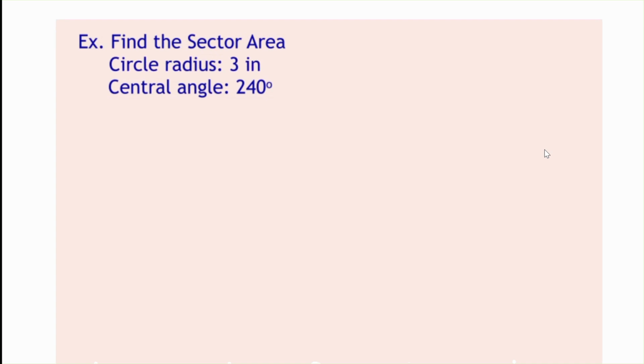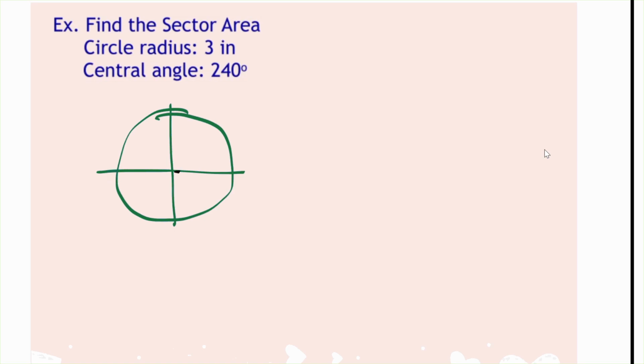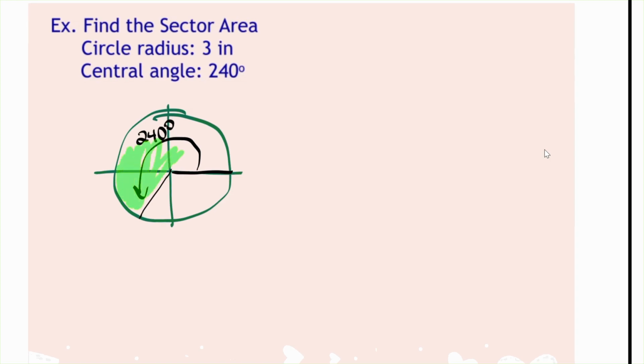So the example says find the sector area. The radius is 3 inches. The central angle is 240. So they're just saying you're rotating 240 degrees from my initial ray. So here to 240, I'm in the third quadrant, and I'm finding the area of this much pizza or pie, or whatever you want to use to create an analogy there.